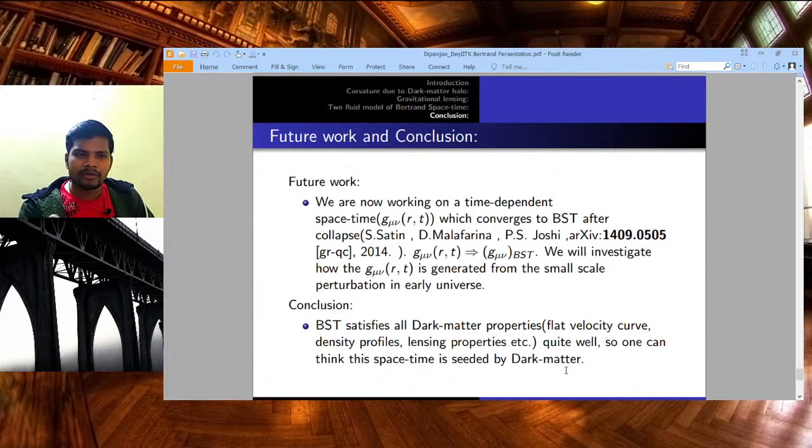What happens in a black hole? A black hole is that there is one concentrated sphere, the mass is there, one concentrated point, and all the mass is gone there. But in dark matter, the distribution is everywhere. So what kind of space-time could it be which actually gives you the idea that the mass is distributed everywhere?